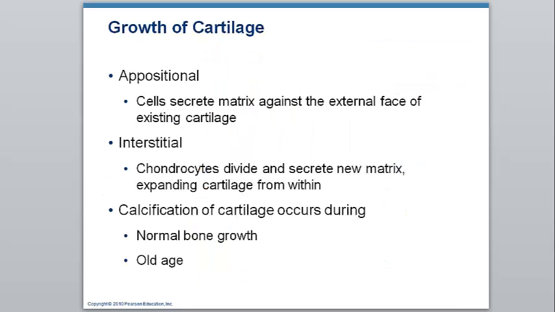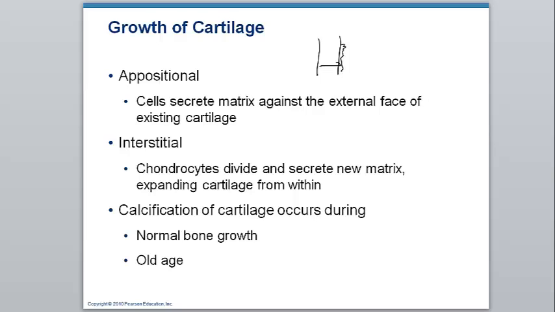There are 2 different types of cartilage growth that you have. One is the appositional and the other one is interstitial growth. The appositional is when you have the growth coming from the side. So if you have cartilage over here, the growth will start on this area like this.